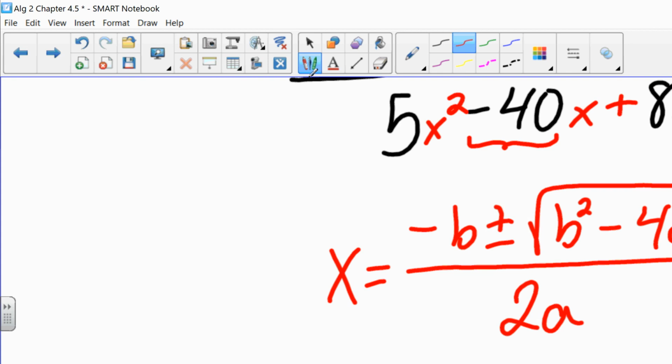So we would have negative negative 40, or we could have just put positive 40. Inside the parentheses, we'll have negative 40 squared minus 4 times a, which is 5, times 80. All over 2 times a, or 2 times 5, which we could have written as 10.